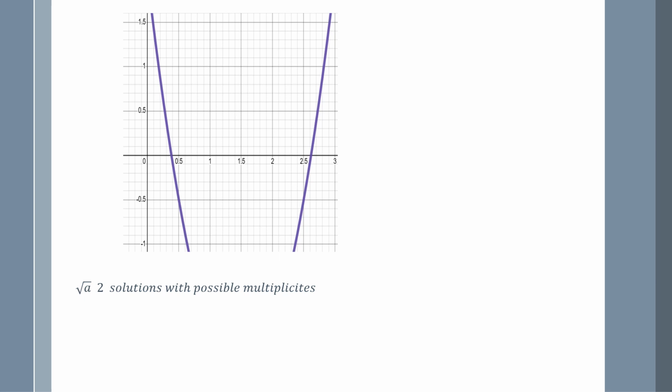Here, you have a graph with 2 intercepts or solutions. When that happens, that means that the number inside the square root is positive. And when it's positive, that means you're going to have 2 solutions, or you're going to have multiplicities, maybe a multiplicity of 3.